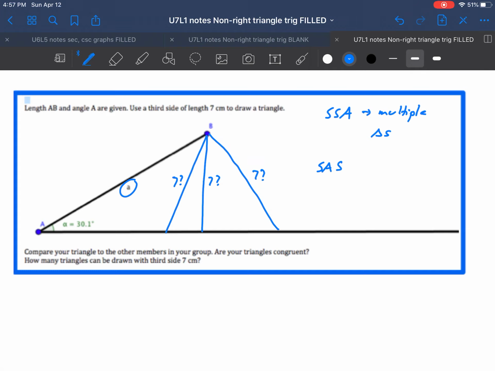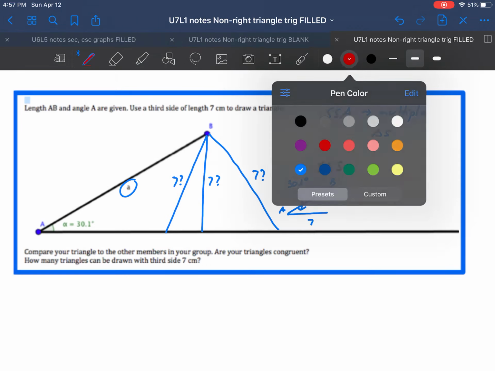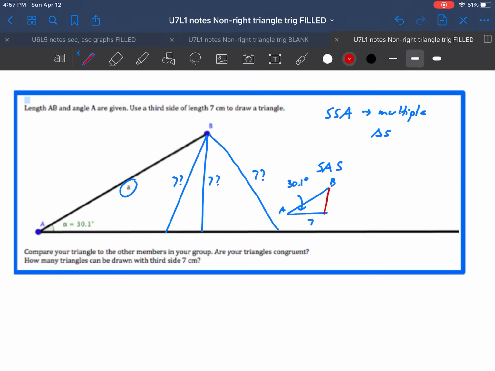If it's SAS, and I'll just draw it here, this is A, this is B, and we know this is 7, and that angle is 30.1 degrees. Well, there's only one triangle. It's going to connect B to there.